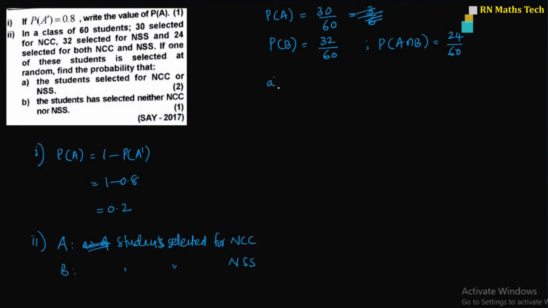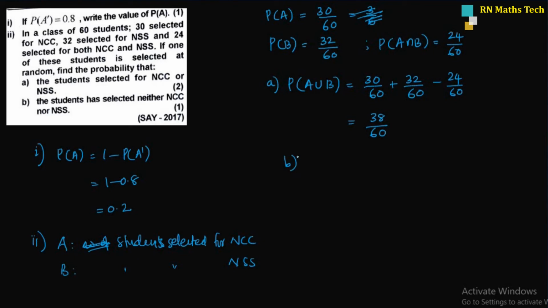Okay, question number A. The student selected for NCC or NSS. P of NCC or NSS, P of A union B, P of A plus P of B minus P of A intersection B. That is equal to 38 divided by 60.